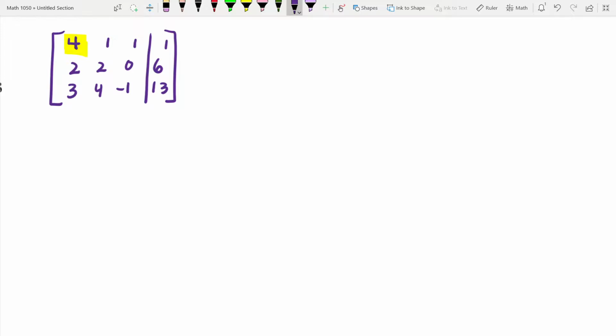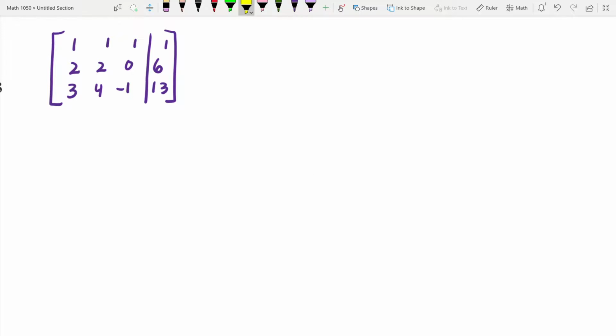So if turning something into a 1 creates fractions, don't do it. Skip it. So even though it's step 1 or step 4 or step 6 to make that a 1, if it makes a train wreck, don't do it. You can do it at the end and we can deal with it, okay? I'd way rather deal with a 1 at the end than deal with a fraction, okay?